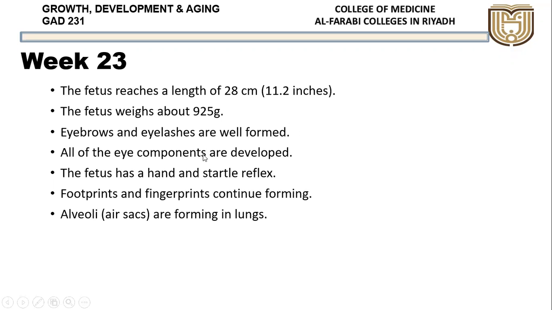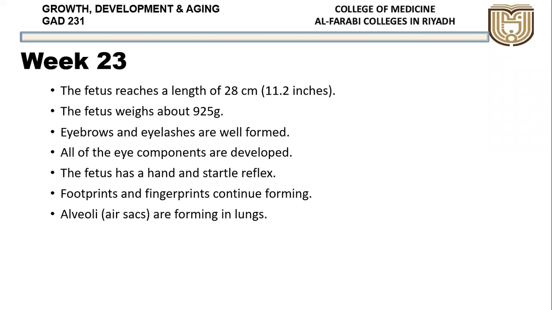The fetus has a hand and startle reflex. So the fetus can show some movements, which are called the startle reflex. Then footprints and fingerprints continue forming. As you know, fingerprints are very specific to each person, which is why we use fingerprinting.